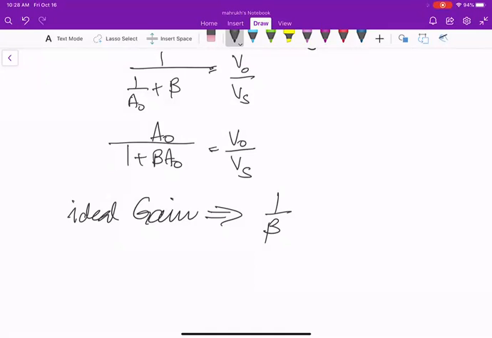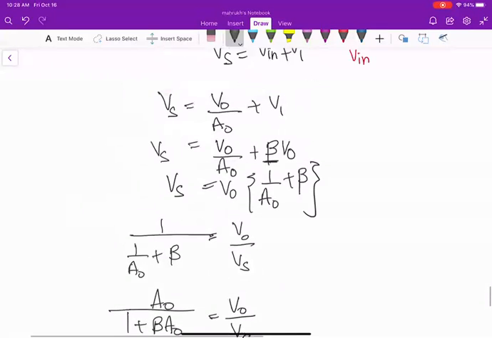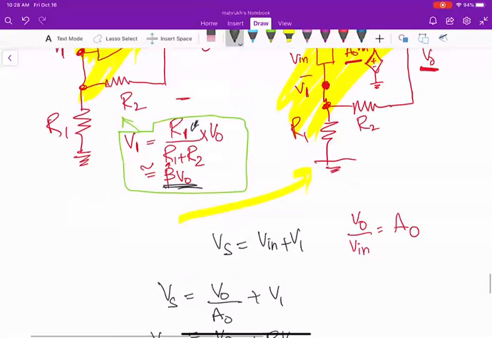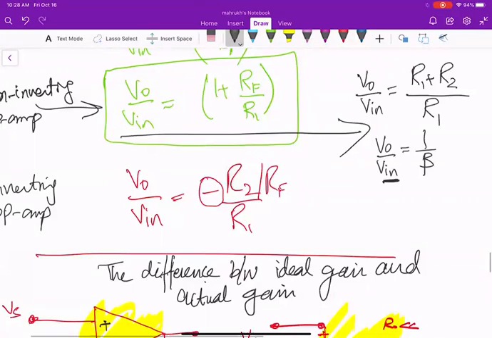One more thing is that they have used Vin and Vs interchangeably. Like you can see here you are seeing Vs, and here you are seeing Vin, which is eventually equal to Vs here.